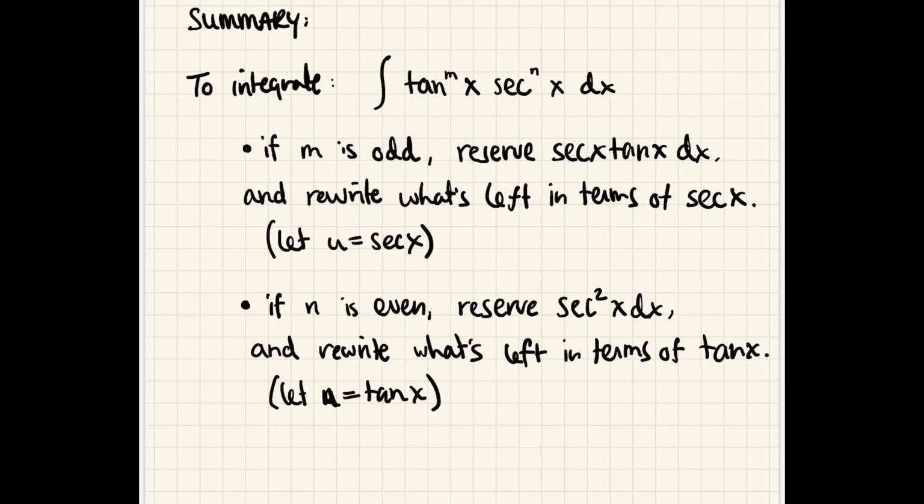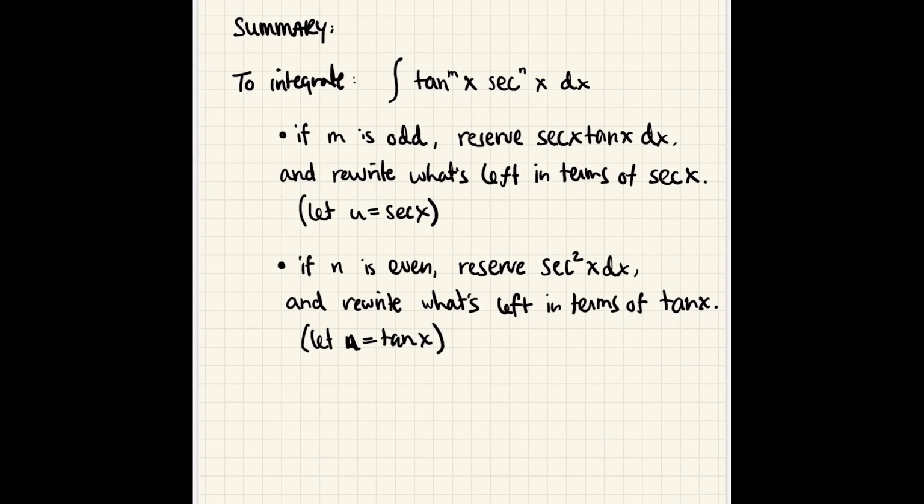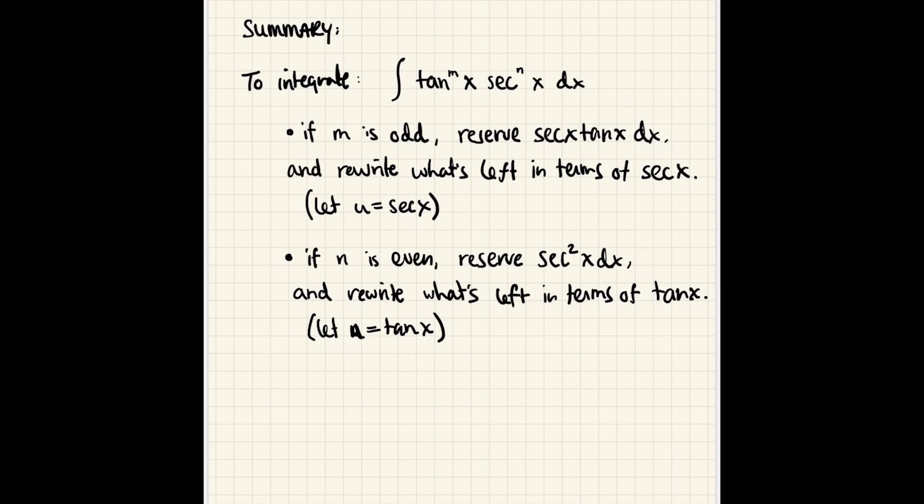So if we have an even power of tangents and odd power of secants, well, things start to get interesting. And the best way to handle that, in my experience, is to use integration by parts.